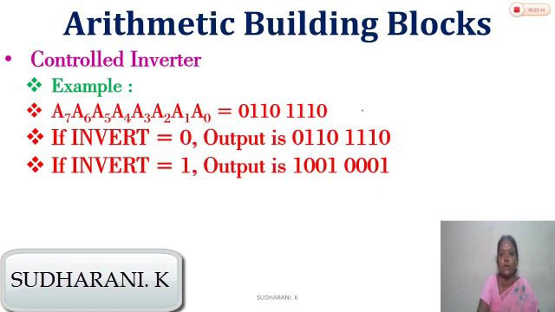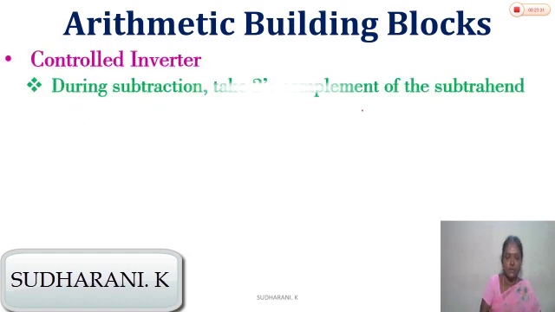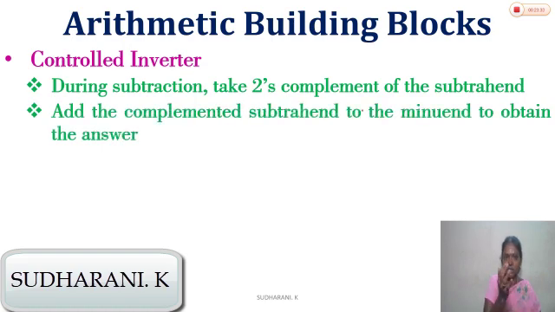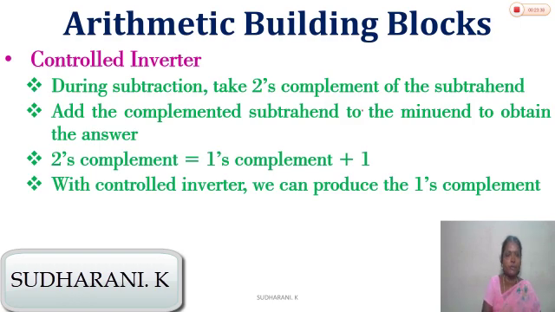So in this example, the output will be 1, 0, 0, 1, 0, 0, 0, 1. I think you can understand the operation of a controlled inverter. If the control signal invert is equal to 0, the input is available at the output with no change. If the invert signal is 1, then the ones complement of the input will be available at the output.